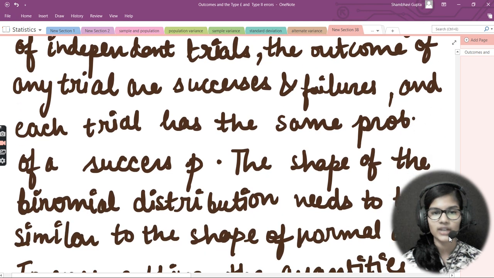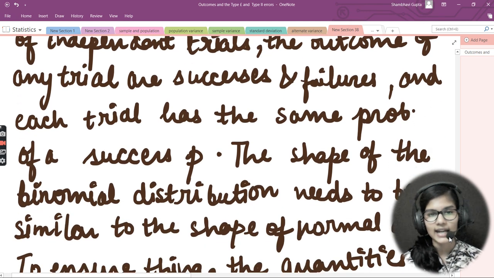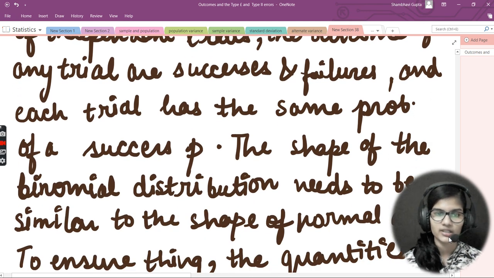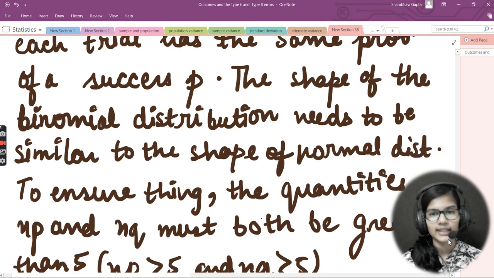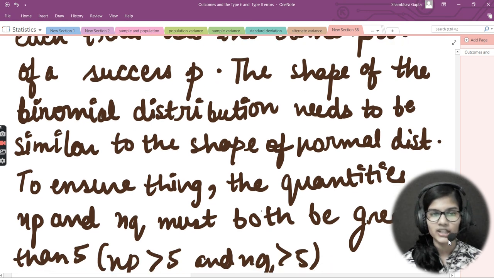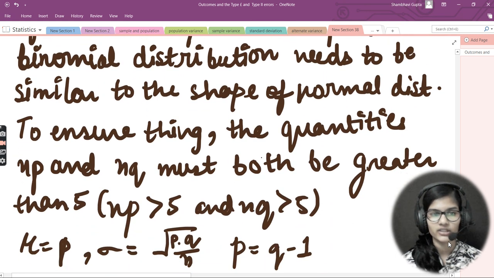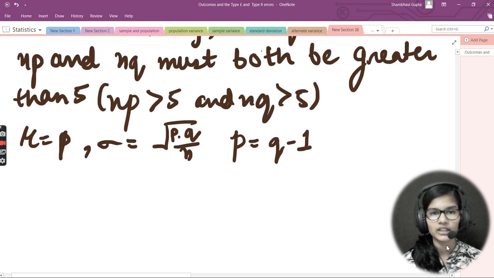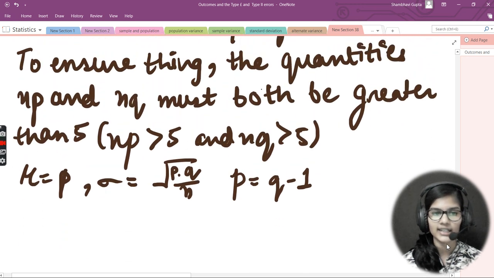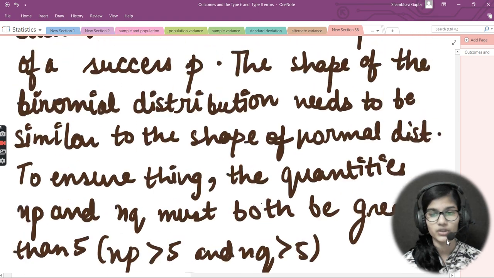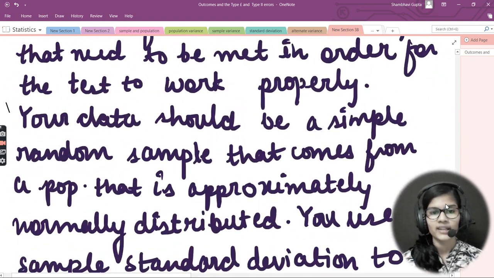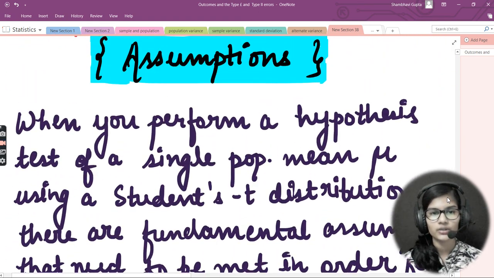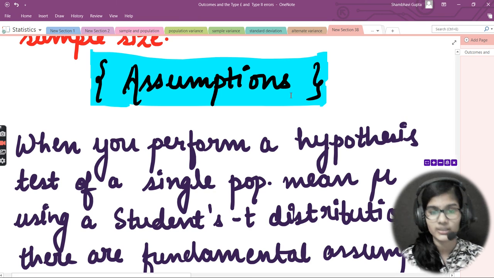The outcome of any trial is success or failure, and each trial has the same probability of a success, that is P. Then the shape of the binomial distribution needs to be similar to the shape of the normal distribution, and to ensure this, the quantities NP and NQ must be greater than 5, right? And here are the formulas which constitute these assumptions. I hope I made it very clear which assumptions to take at what particular place.